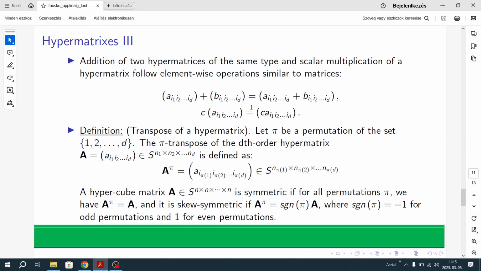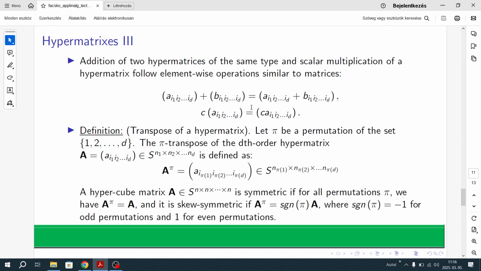Now, the transpose of a hypermatrix. Instead of T, we use P. Actually, we should use zeta, something like this. It's quite easy to write P. I'm just kidding. This is a generalization of the transpose.